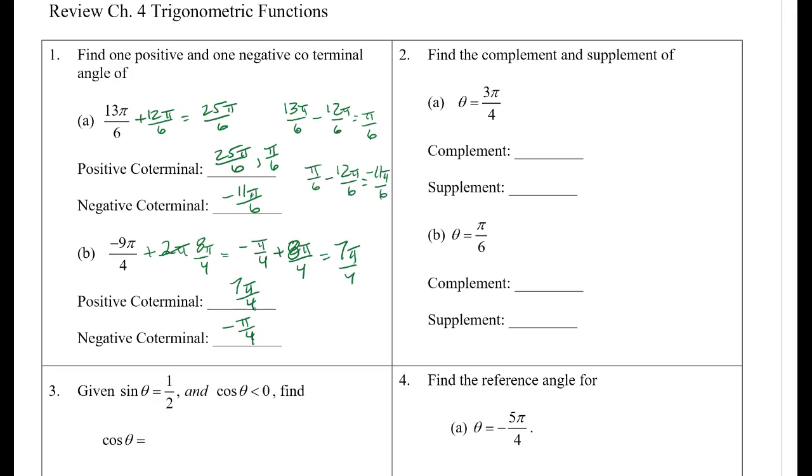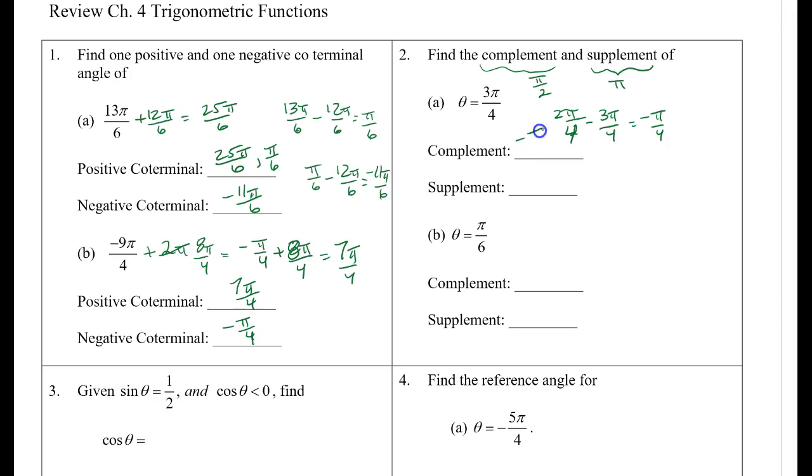Number 2, find the complement and supplement of those angles. Remember, complement means they add up to pi halves or 90 degrees, and supplement means they add up to pi or 180 degrees. So if I need a complement of 3 pi over 4, I'm going to do pi halves minus 3 pi over 4, and I'm going to get common denominators, so I get 2 pi over 4 minus 3 pi over 4, that's negative pi over 4.